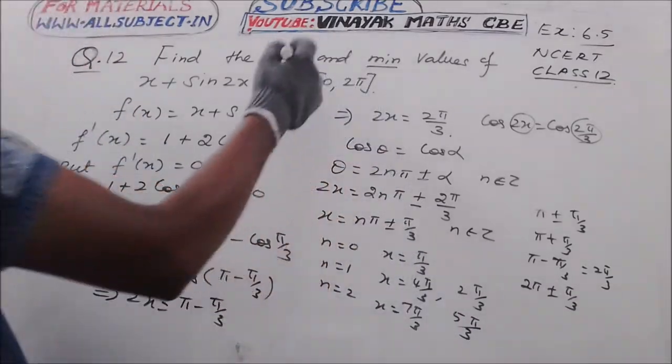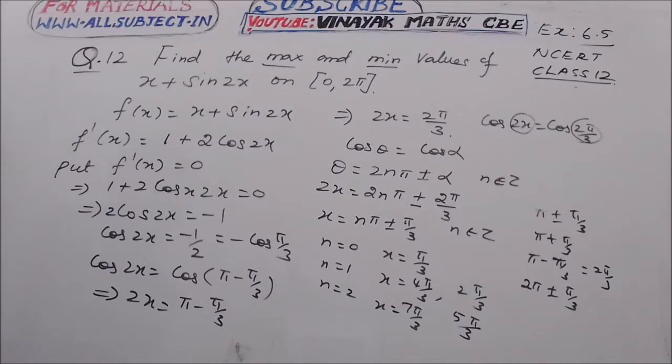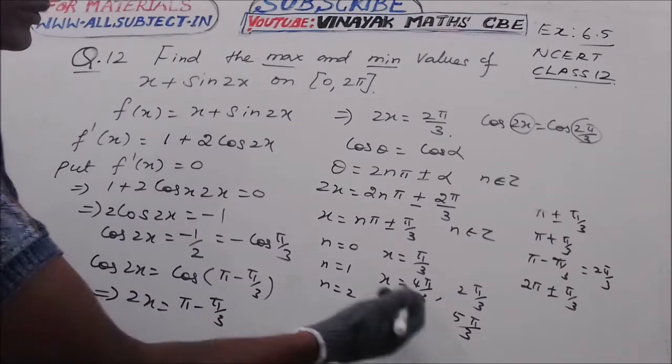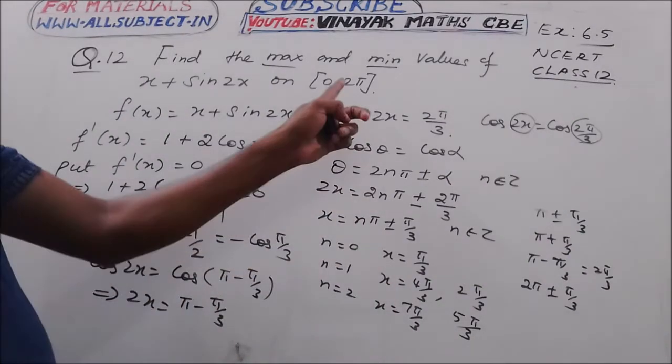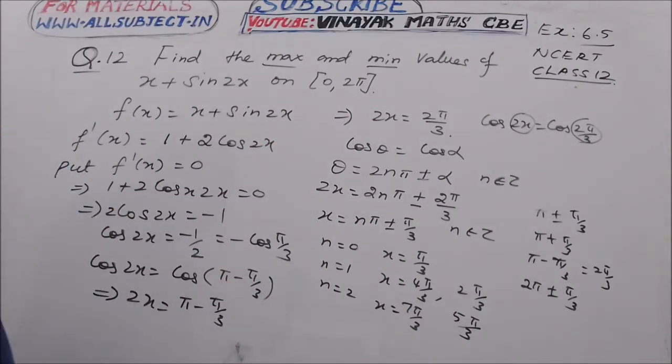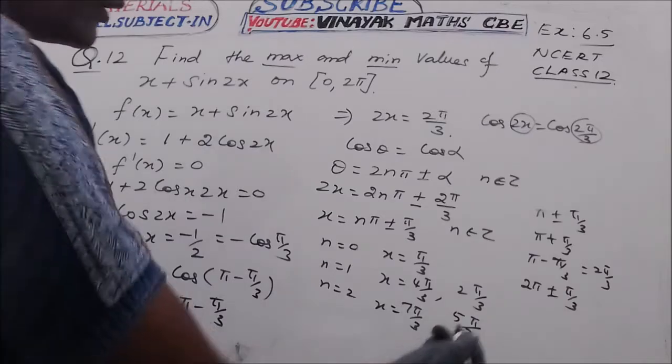Now the interval is 0 to 2 pi. In this interval, 7 pi by 3 is not included, since it is greater than 2 pi, so we leave it, and 5 pi by 3, which is 300 degrees, is included.